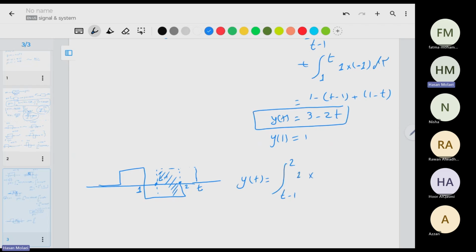Exactly 1 multiplied by minus 1 d tau, which is 2 minus... I think I made a mistake.